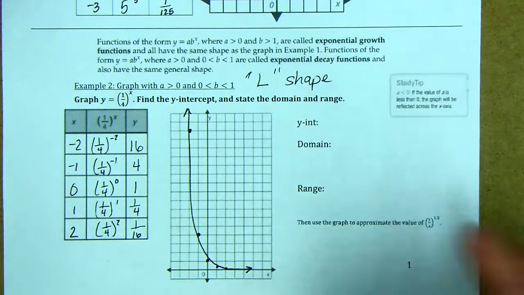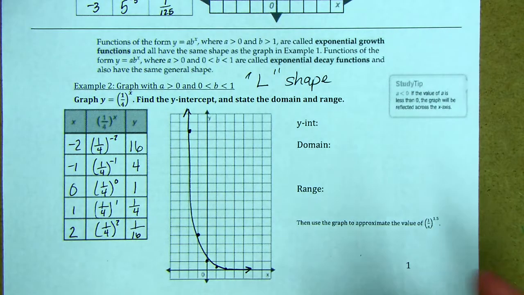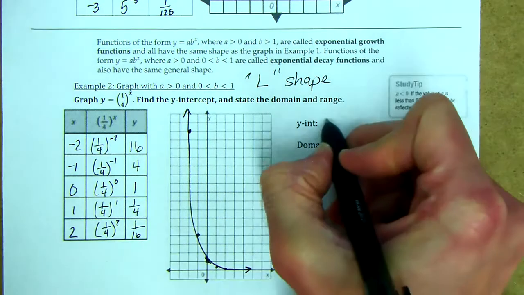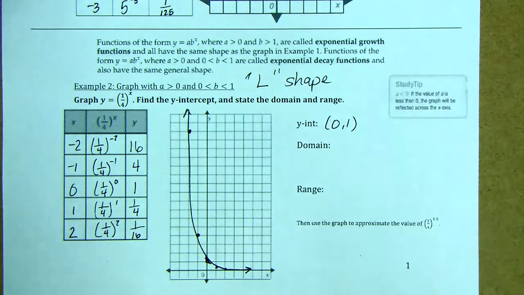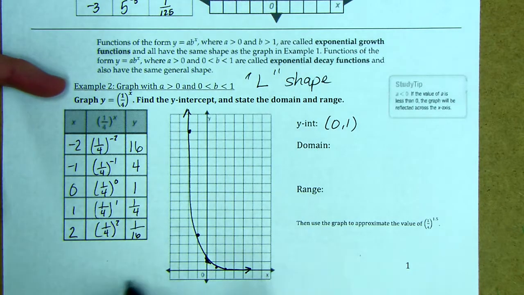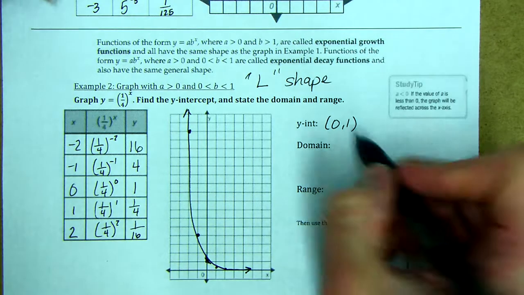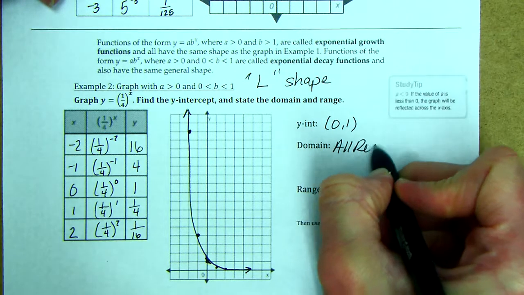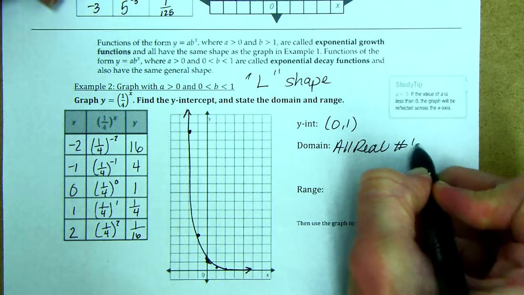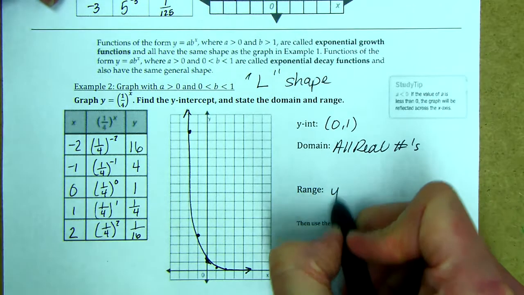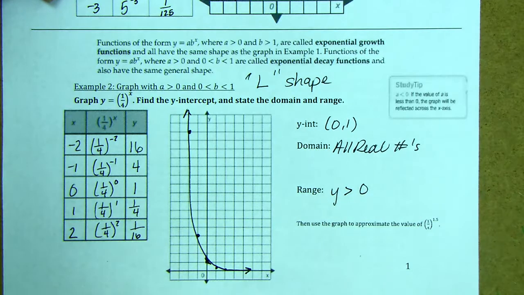So once again, what is our y-intercept? Oftentimes, and we found this out on Friday, it will oftentimes be 1. The domain, is there any limitation on our x values? There are not. I could plug in anything as long as it's a real number. So all real numbers. Range, again, is above 0, so y has to be greater than 0.